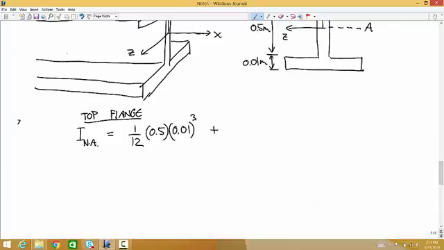And the area is 0.5 times 0.01, and the distance is 0.255 squared. And you end up with, I think, 3.25 times 10 to the minus 4 meters to the fourth.